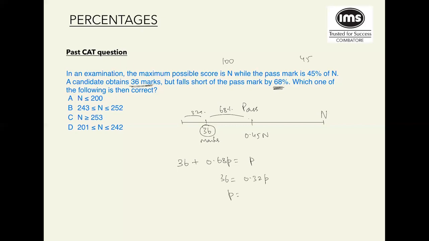Okay, the pass mark I'll just write as 36 by 32 into 100, which is 9 by 8 into 100. I will leave it at that. That's the pass mark. Since it's a fraction, I'll try to minimize my calculations.